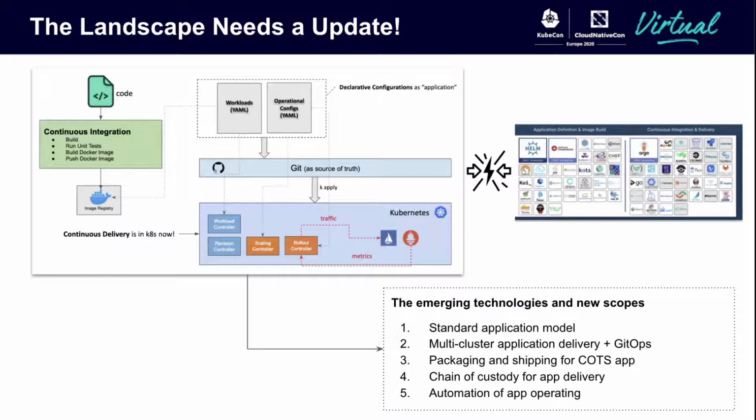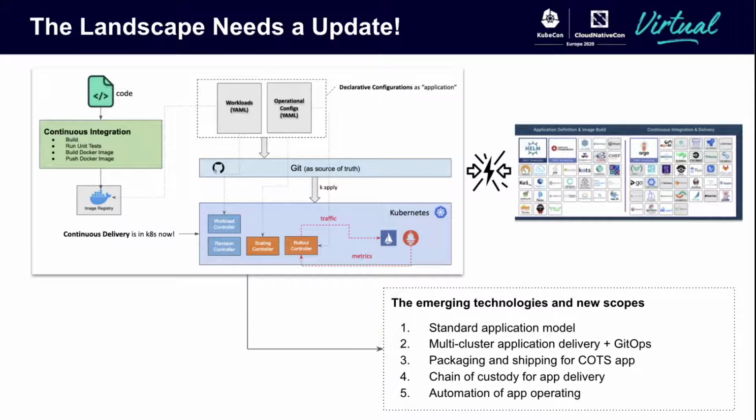Today, modern application delivery starts from application developers writing the code and triggering the continuous integration process by pushing the code. Then the CI system will generate a Docker image as an artifact of your application. For the deployment of these artifacts, we will write Kubernetes YAML files to define the workload and the operational configurations for your application.